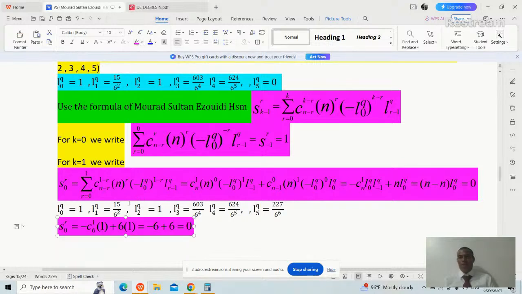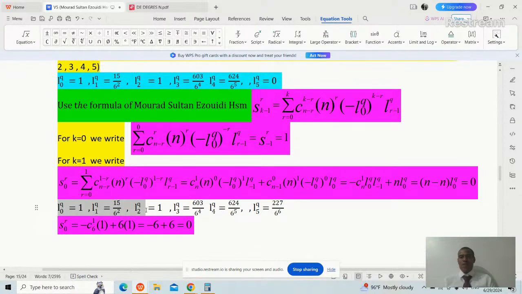Simply because when you substitute k with 1, you will get n minus n times S0 for the Q, which is in fact equal to 0. So the value of S0 for the r for any polynomial to the power n is 0.